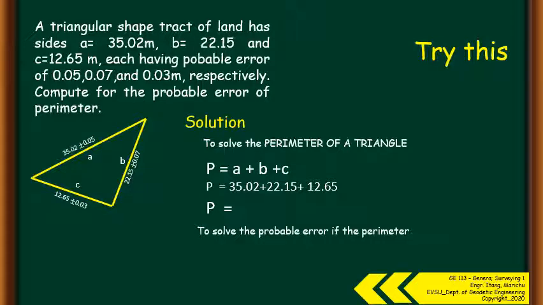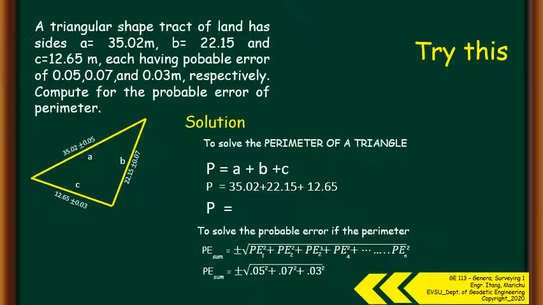If you take the probable error of the perimeter, that is just the plus minus the square root of the square of each observation. So, si 0.05 square plus 0.07 square plus 0.03 square, you take the square root of that value, that would be now the probable error of the sum of the triangle. Okay?